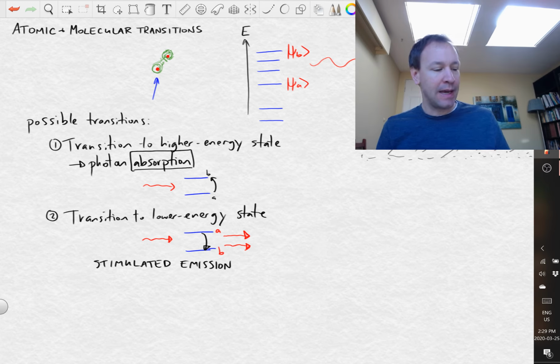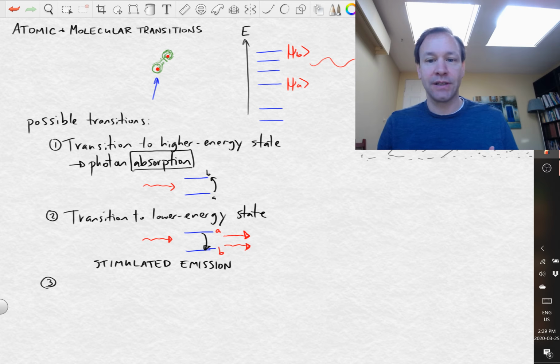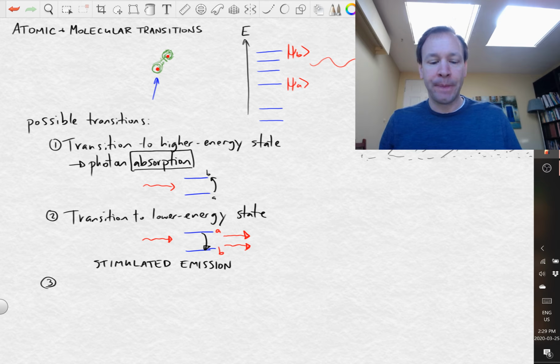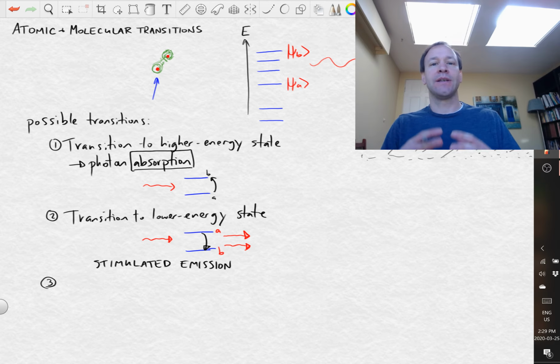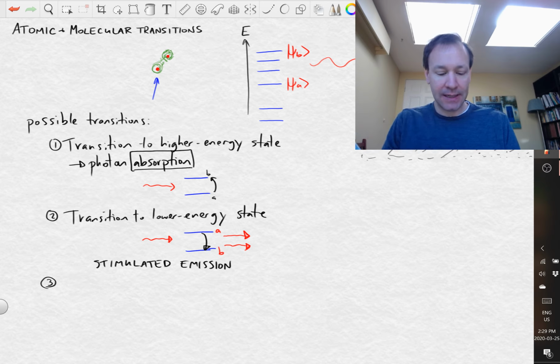Okay, and there's actually a third kind of atomic transition that we will talk about a couple of videos from now. And this one actually doesn't involve any incoming radiation at all. This can happen even if you have an atom which is all by itself in some energy eigenstate, which is not the ground state.